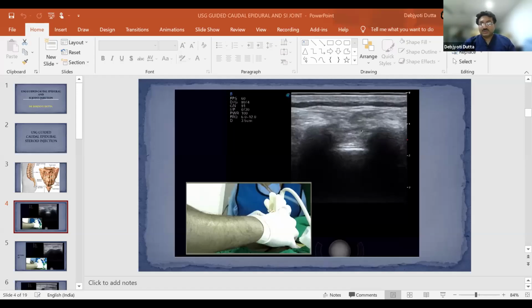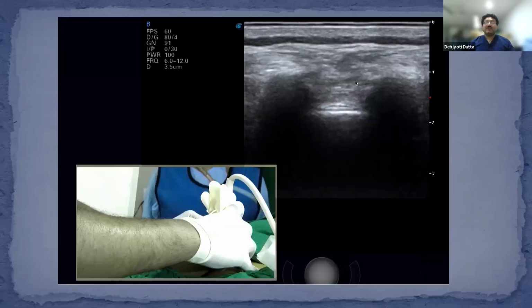So let's first go back to the sacral area. When we go for the caudal epidural area, the most important anatomical landmark is the sacral cornu.